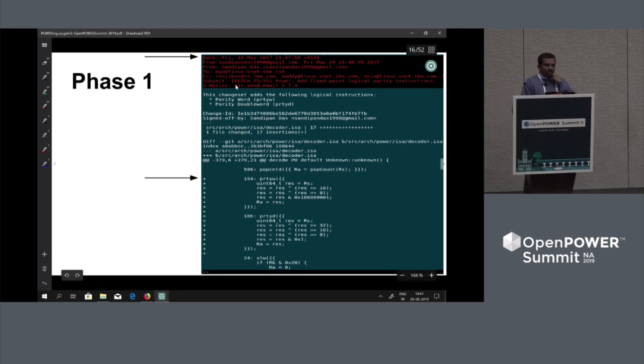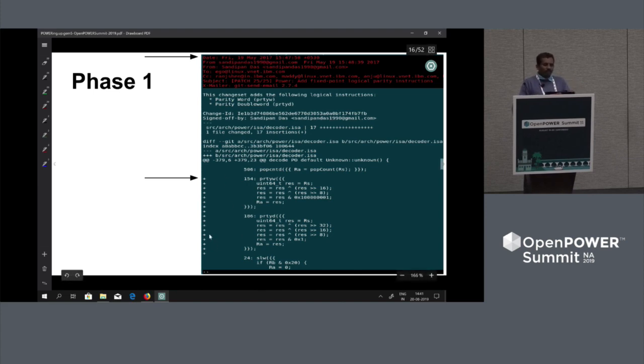The arrows point out the timeline: we started off in May 2017, by early June 2017. We had to go through a lot of the code base to figure out where things were to be added and what was to be done. In a few months we were able to figure out exactly where modifications had to be done in gem5.